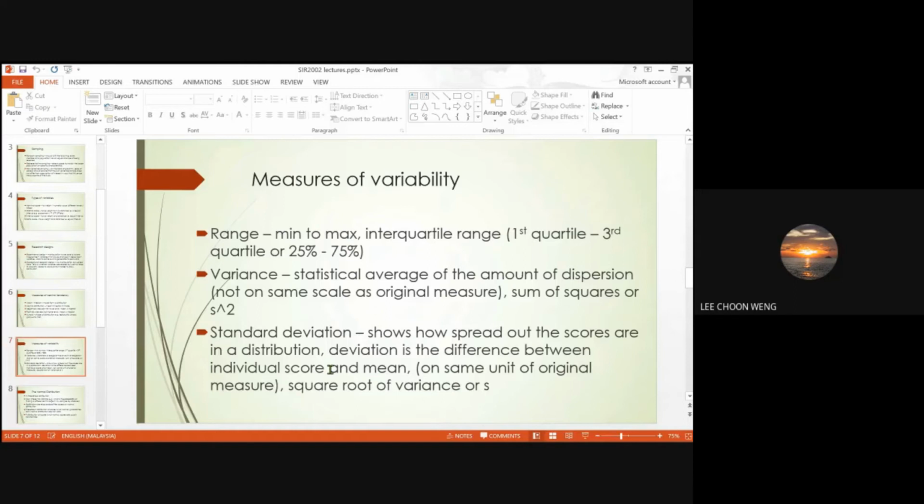So it gives the readers a better idea of how variable your data is.